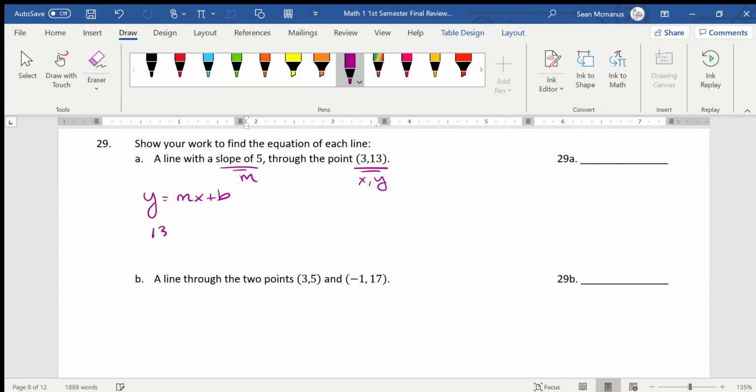The y is 13 that we're using. The m is 5. The x is 3. And we're trying to find the b. So 13 equals 15 plus b. Subtract 15 from both sides, and the b is 2. Right, so that means my final equation would be y equals, the slope was given to us, and we solved for the b.